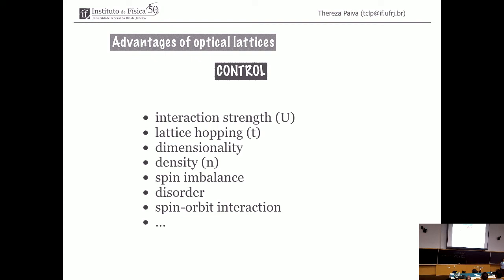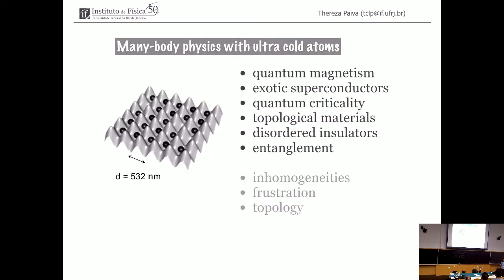So we can tailor-make Hamiltonians that are interesting from the materials point of view or the theory point of view itself. And so the idea is using ultra-cold atoms to study many-body physics.